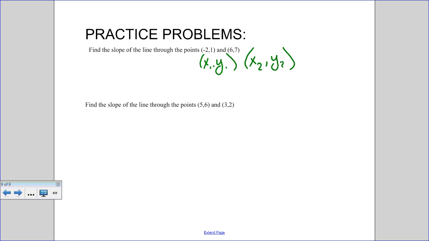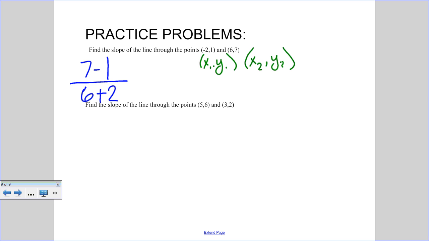Now remember, we said that we have to find the change in our y values, or our y2 minus y1. In this case, y2 is 7 minus y1 is 1, over the change in our x values. x2 is 6 minus -2, so we could say plus 2.